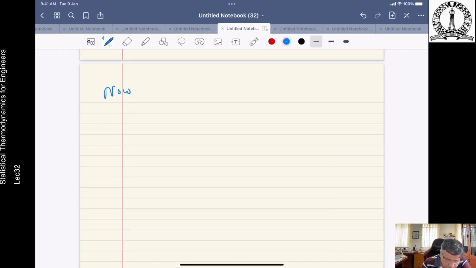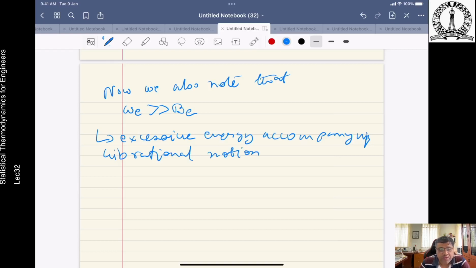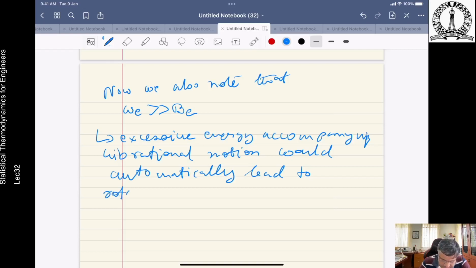Now we also note that omega E is much greater than B E. So we might expect that the excessive energy accompanying vibrational motion would automatically lead to rotational excitation.